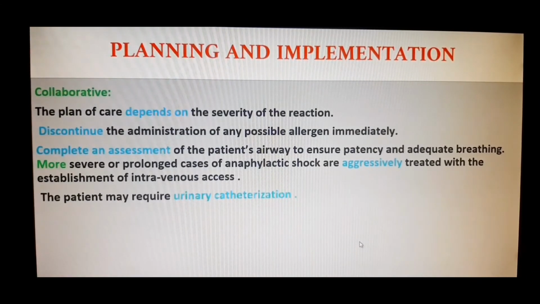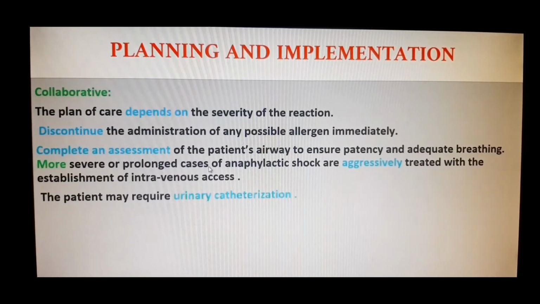Complete an assessment of the patient's airway to ensure patency and adequate breathing. If the patient has airway compromise, endotracheal intubation and mechanical ventilation with oxygenation may be necessary.